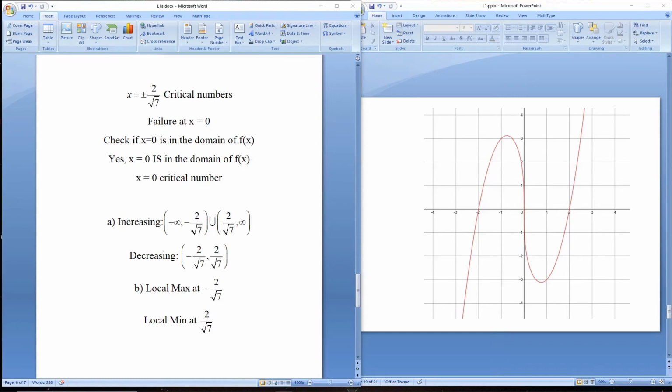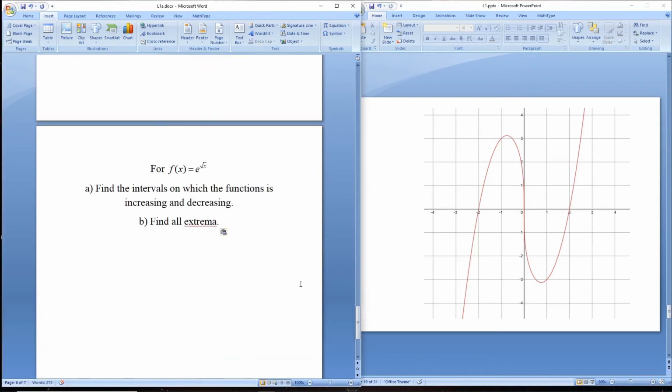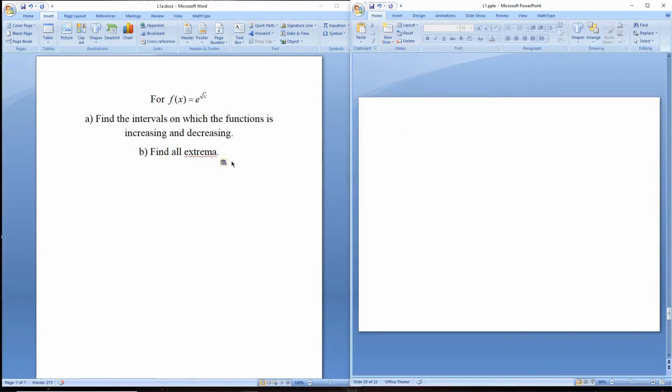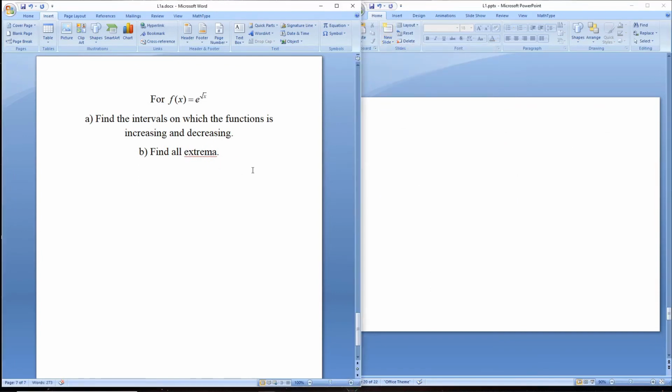So let's check out another one. And let's first deal with endpoints. So we have e to the square root of x.